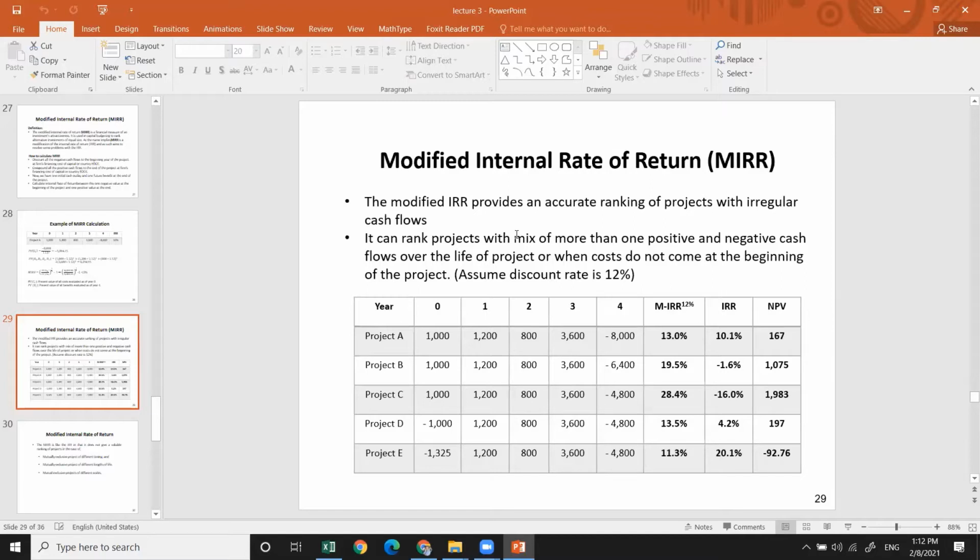Assuming that the discount rate is 12%, here we can see that the highest NPV is project C. However, the IRR is the lowest, very low, even negative, because it has some irregular negative cash flow.